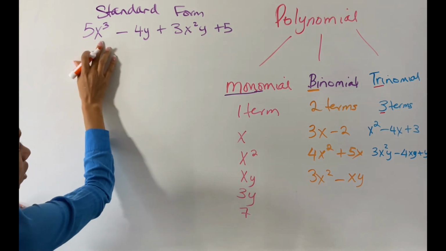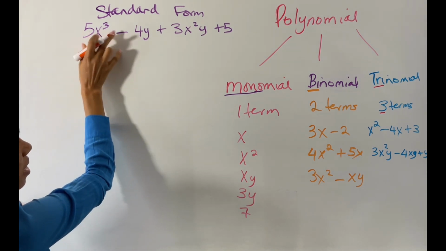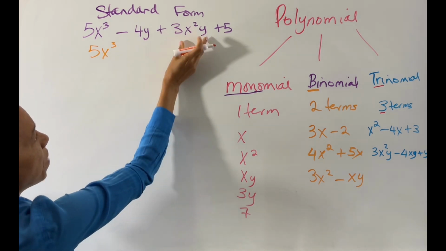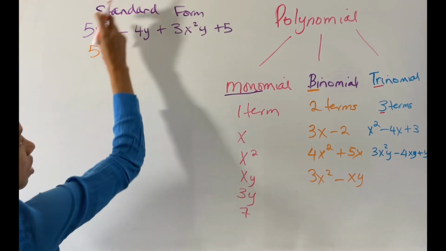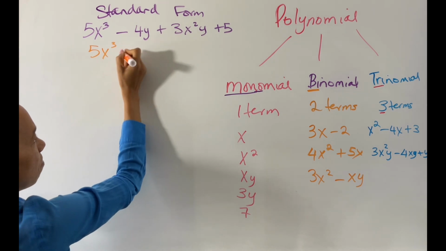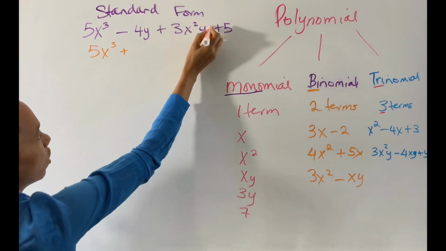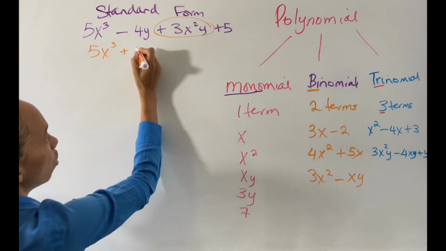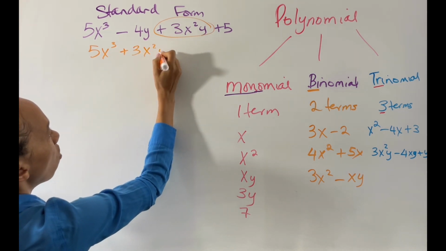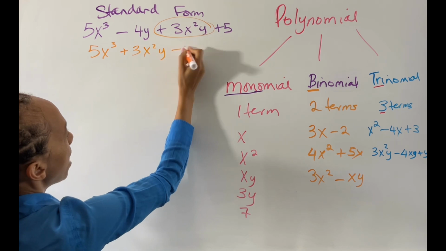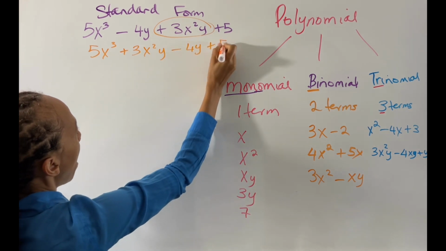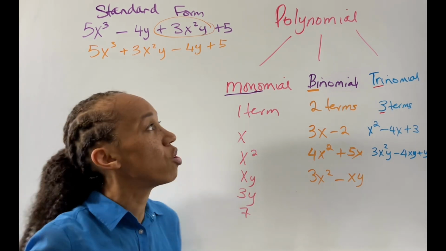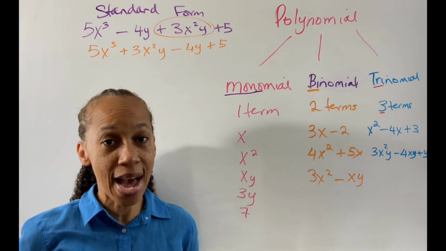Yes, the first term is in the right place, so you have your 5x to the third power, but you must move this over and make it your second term, and you bring your plus sign that is in front of it with you. So you have 3x squared y, and then you have your minus 4y and plus 5. The monomial constant always comes last.